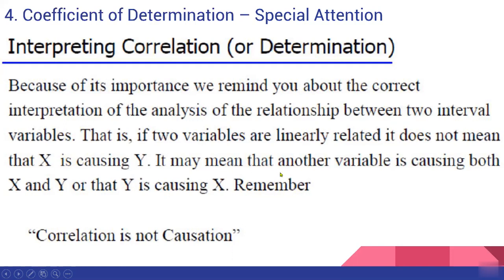It may mean that another variable is causing both x and y. Remember, correlation is not causation. All right? You can only say that x and y are correlated. It does not necessarily mean x is causing y or y is causing x. Okay? Pay special attention to this.